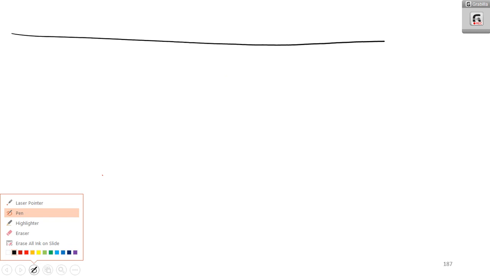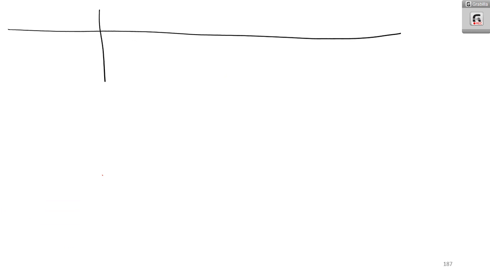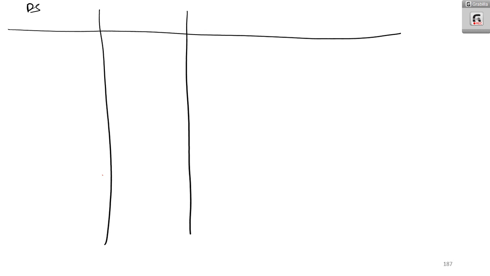There is a mistake in the previous one, otherwise we cannot derive it. So let me draw the present state next state table.